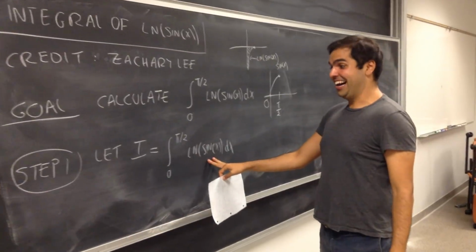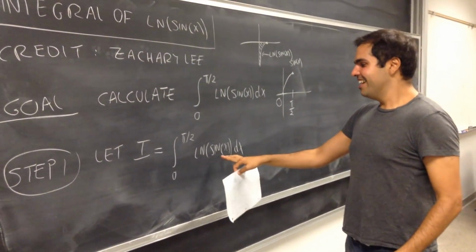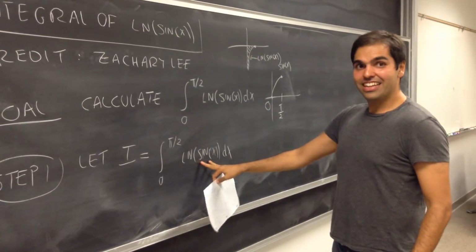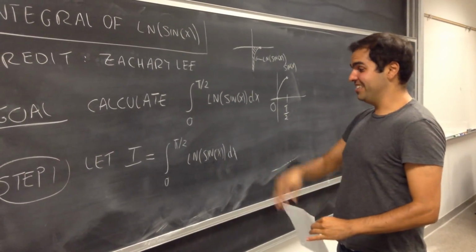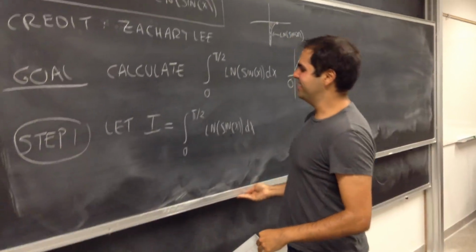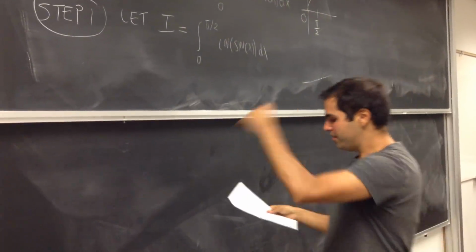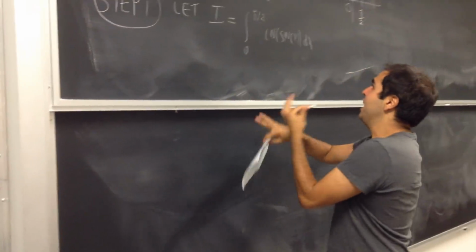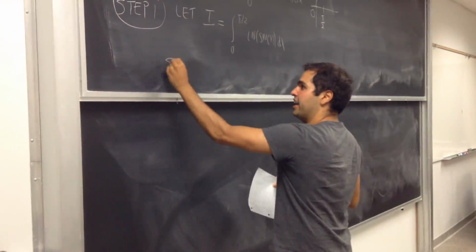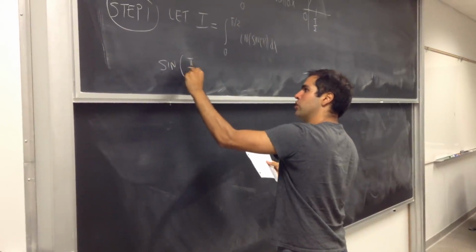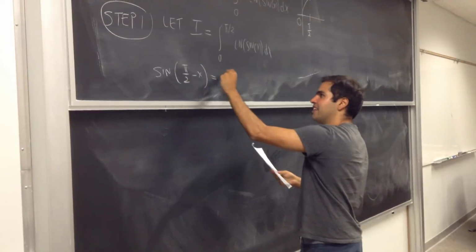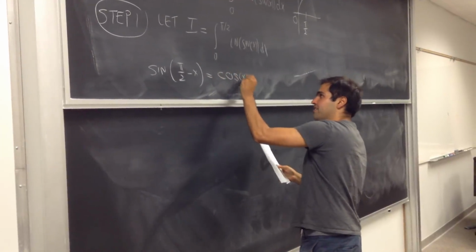It turns out, magically, that we can change this integral into a similar integral, because whoever says sine says cosine. So, let's do that. I don't know if you know this formula, but sine of pi over 2 minus x, so sine of 90 degrees minus x, equals cosine of x.